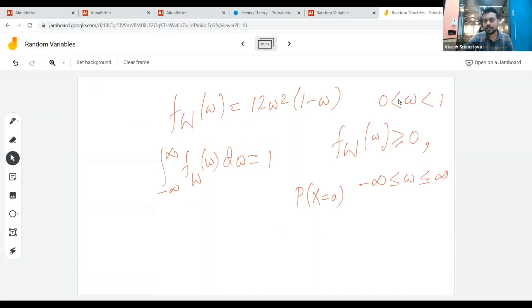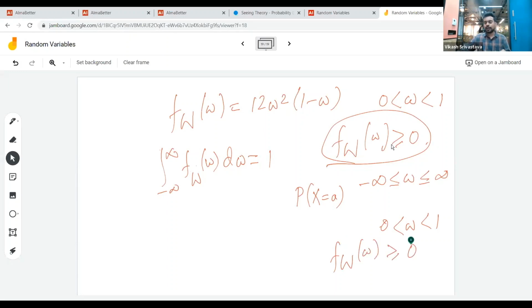So if w takes any value between 0 and 1, this will be positive. So this condition is satisfied, because for w between 0 and 1, f of capital W small w is greater than or equal to 0. And because 1 is not included, the equality is there, but this will not come into the picture. So the first condition is satisfied.